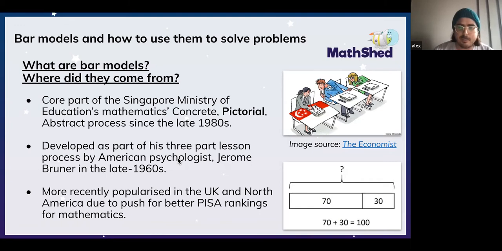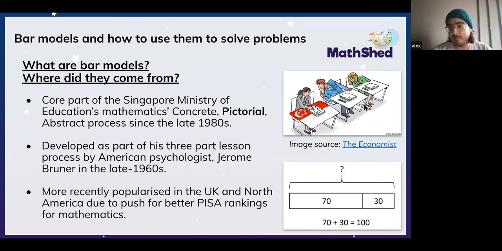And essentially, because there's been this logical and stable form of process of education in Singapore for so many years, they have done really well in their mathematics performance for a number of years.